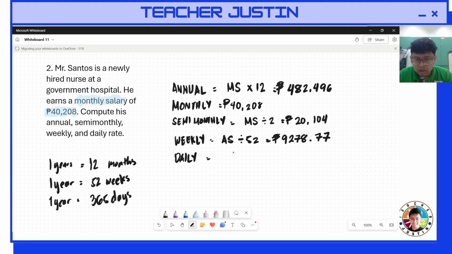So let's divide the annual salary by 365. 482,496 divided by 365 will give us 1,321.91 pesos. I did some rounding up. So 1,321.91 pesos. And that's it.